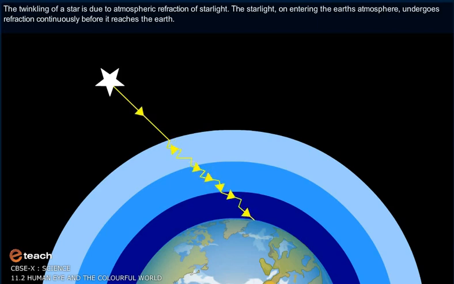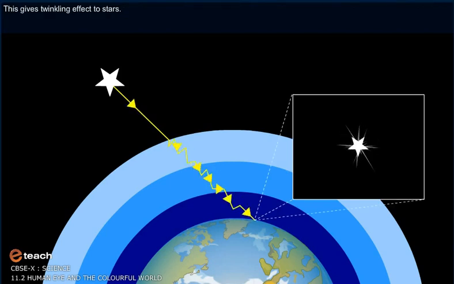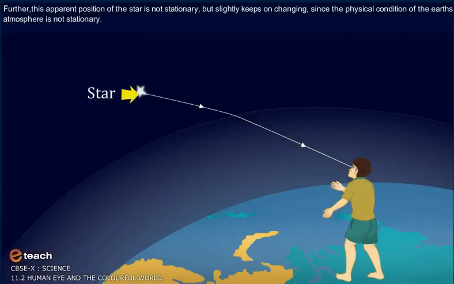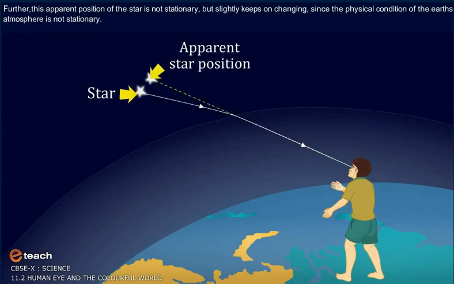The starlight, on entering the Earth's atmosphere, undergoes refraction continuously before it reaches the Earth. This gives a twinkling effect to the stars. Further, this apparent position of the star is not stationary, but keeps on changing slightly, since the physical conditions of the Earth's atmosphere are not stationary.